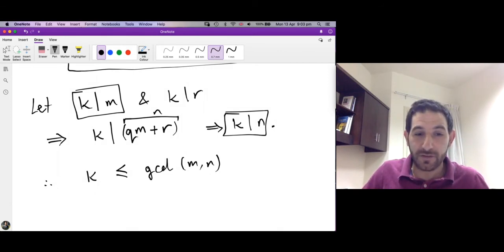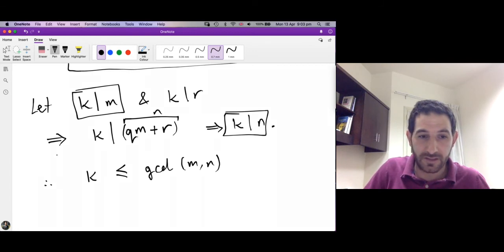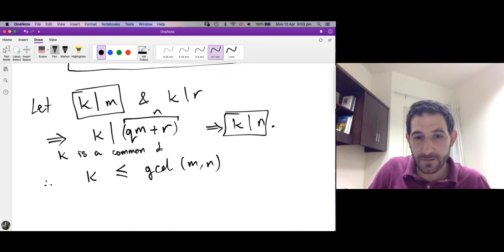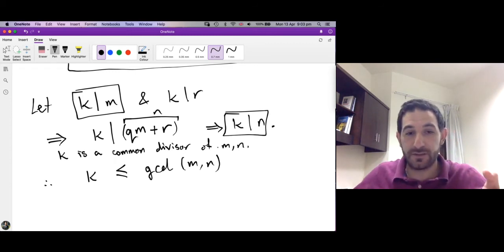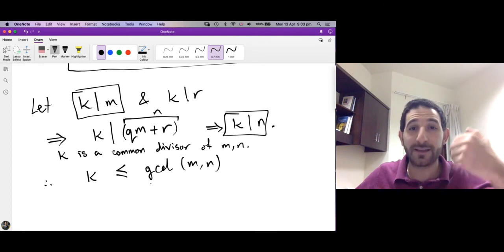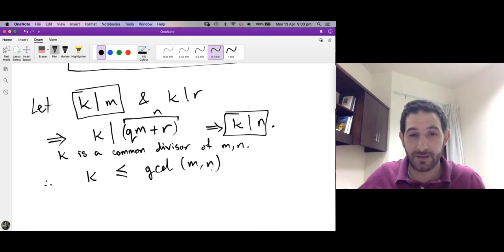Okay, so since it's a common divisor of m and n, it must be less than or equal to the greatest common divisor of m and n.